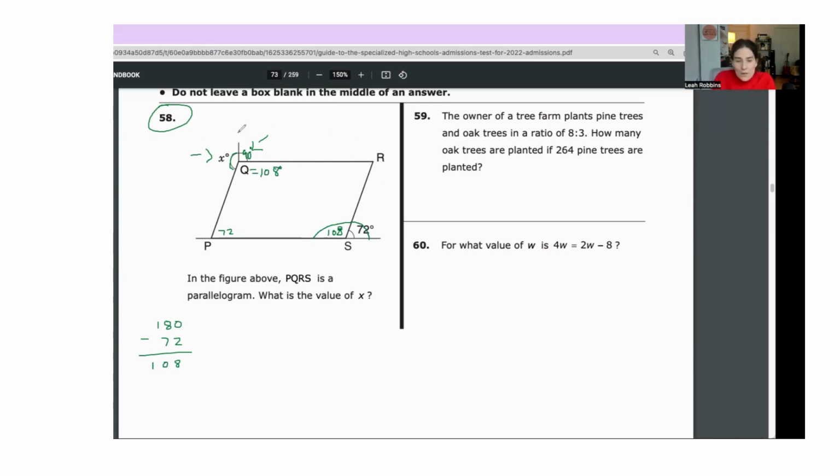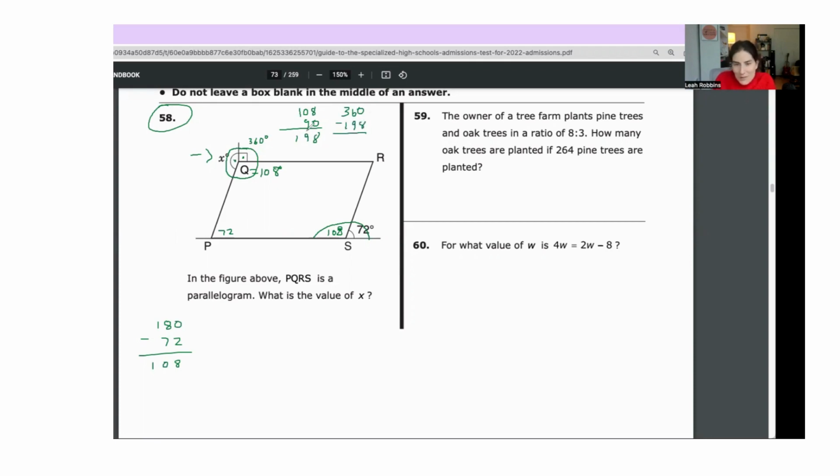Now I've got almost everything that I need. In this area over here, these three angles, X, the 90 degrees, and Q, have to sum to 360 degrees. I already know that 108 plus 90 is 198, those are these two right here. Then x is whatever is left over to get me to 360, so I subtract 360 minus 198.